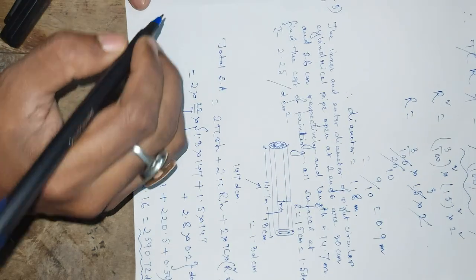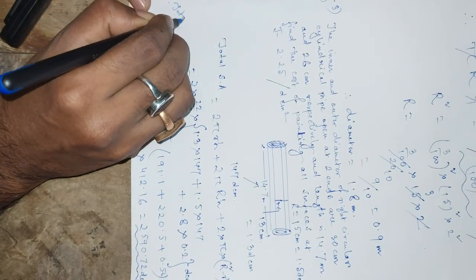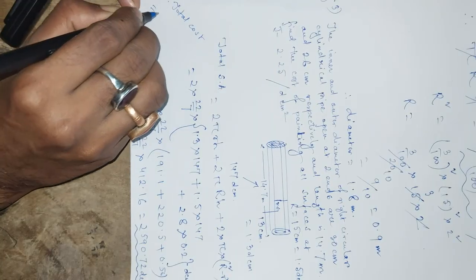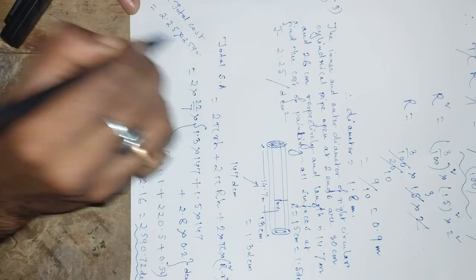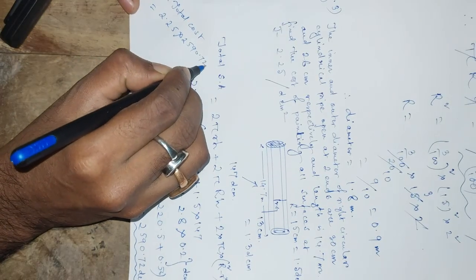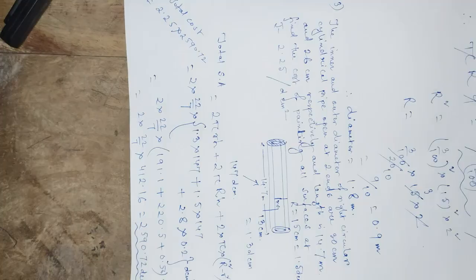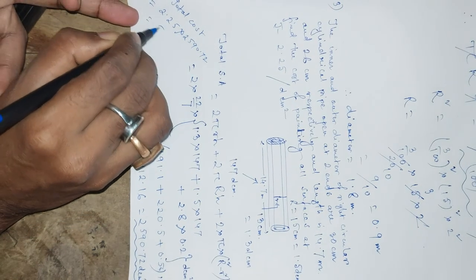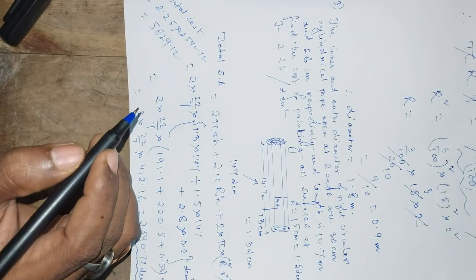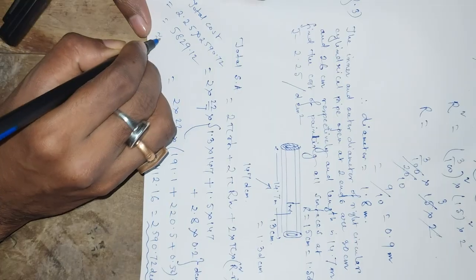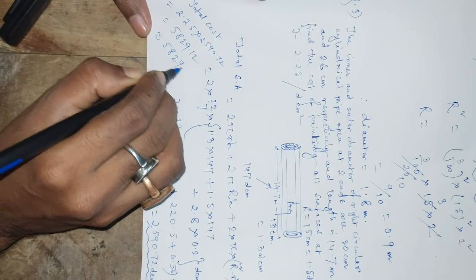Therefore total cost of painting should be equal to 2.25 into 2590.72. So this is what we are getting. We can say approximately it is equal to 5829 rupees.